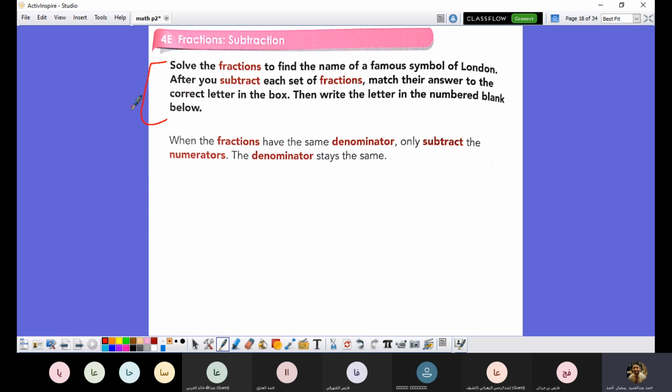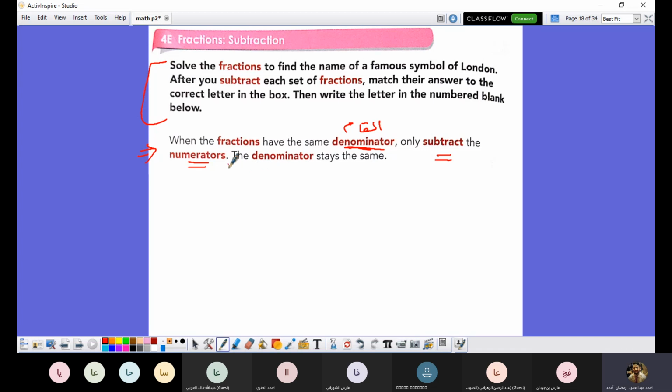But here we note that when the fractions have the same denominator, only subtract the numerators.